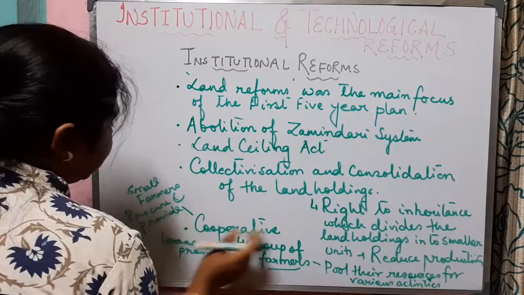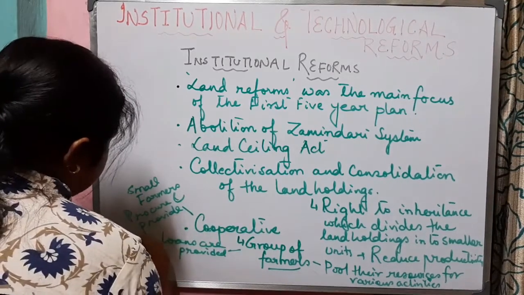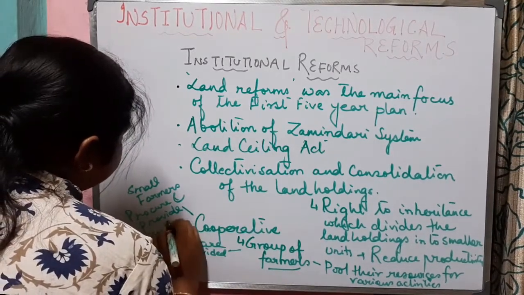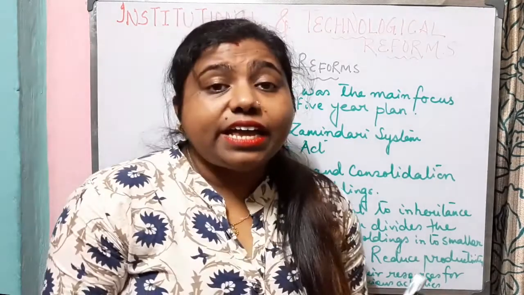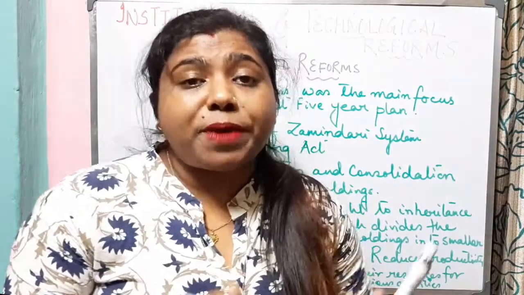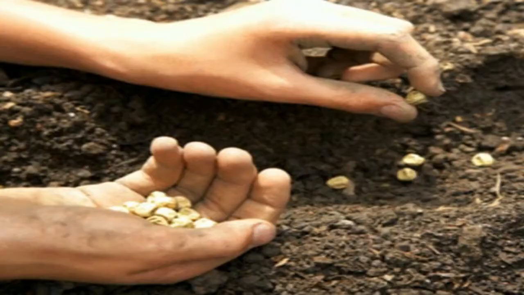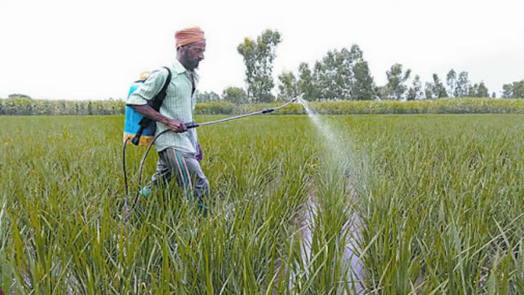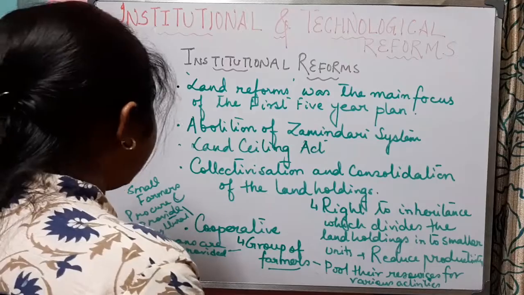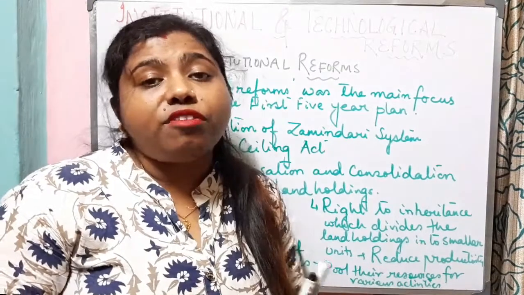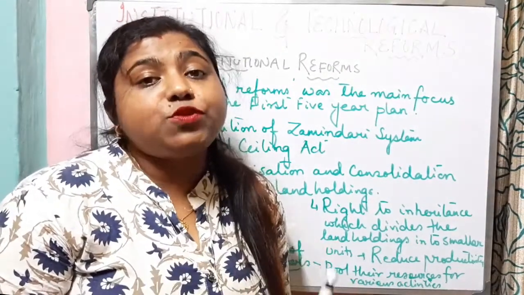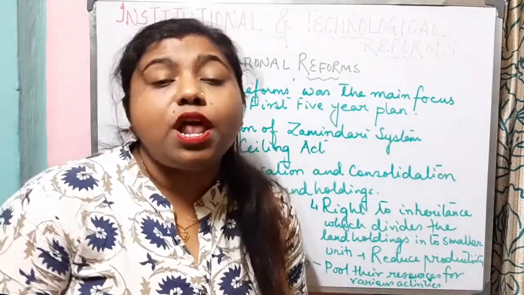The cooperatives provide agricultural inputs like seeds, fertilizers, pesticides, which was not possible for the small farmer to buy. As the cooperatives are providing loans at low interest, small farmers can procure and buy the agricultural inputs. So the cooperatives help the small farmers and it helps to increase the agricultural productivity.